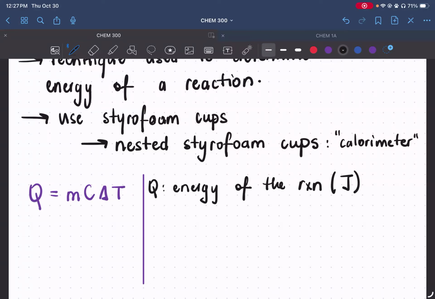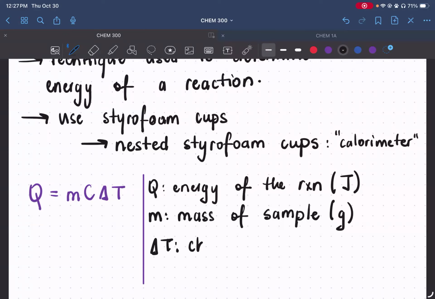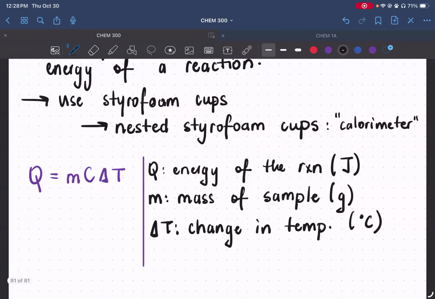This is traditionally in joules. M is the mass of sample present. Remember, you're adding two chemicals together. There is a weight or volume associated with it. We measure in terms of mass. Delta T is the change in temperature. This is traditionally in Celsius.